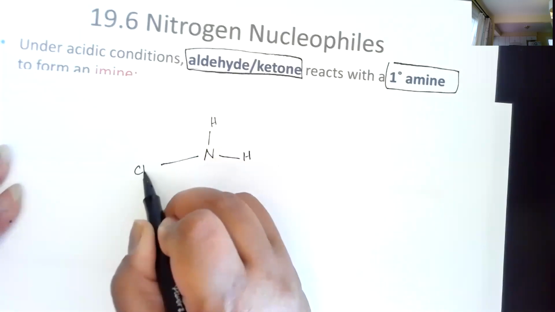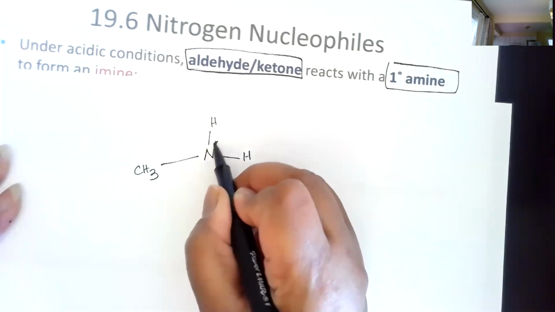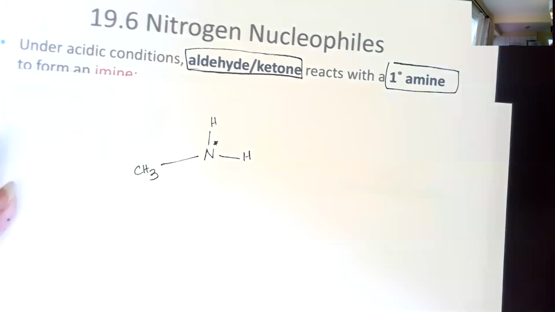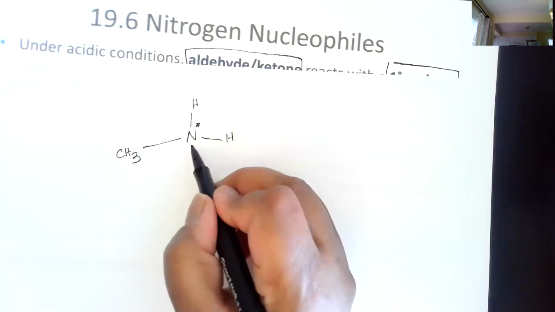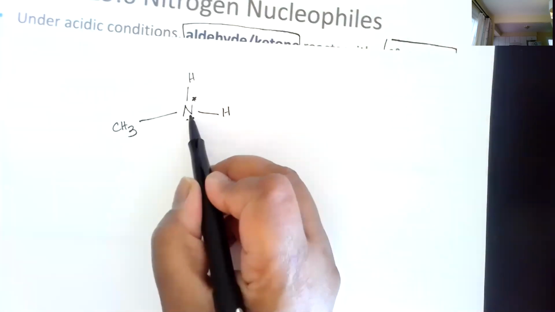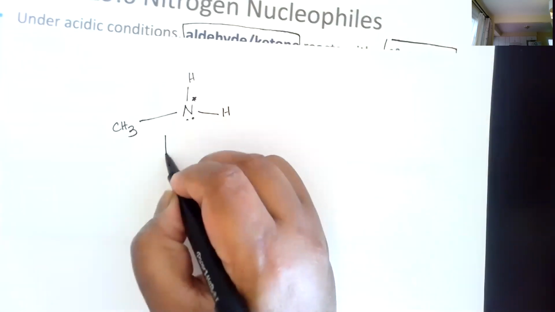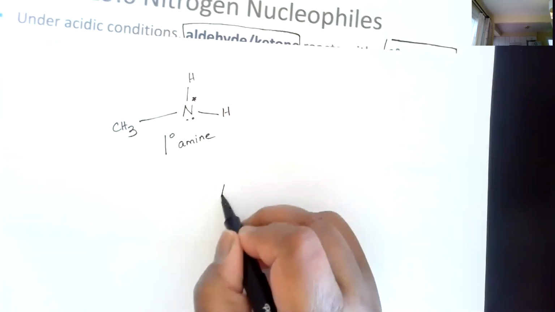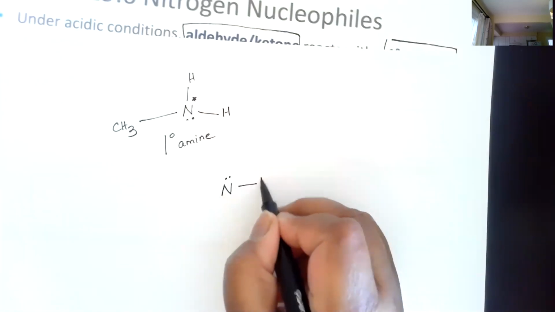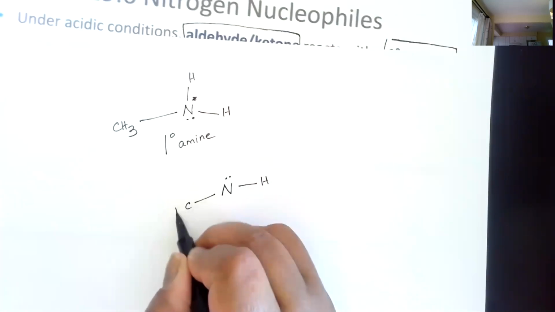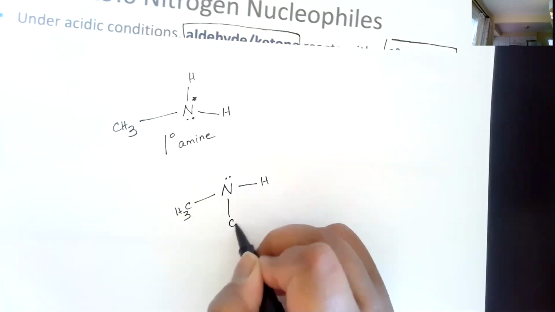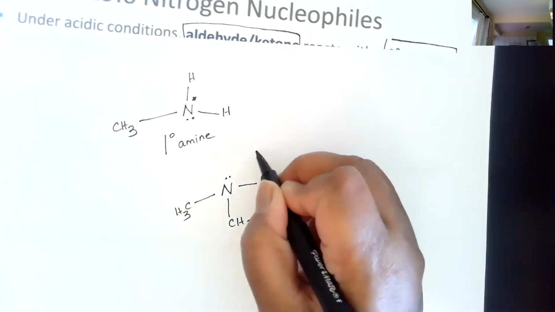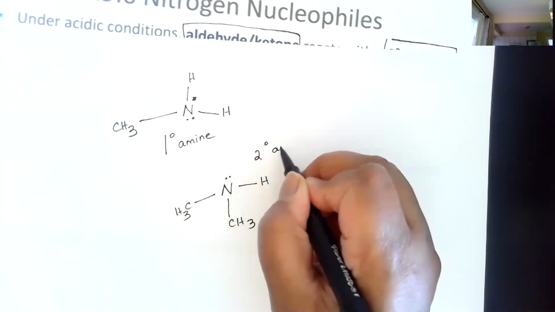Now, a primary amine or any amine has 3 bonds, okay, unlike carbon. So when the nitrogen is attached to 1 carbon, that's a primary amine. When the nitrogen is attached to 2 carbons, that's a secondary amine.